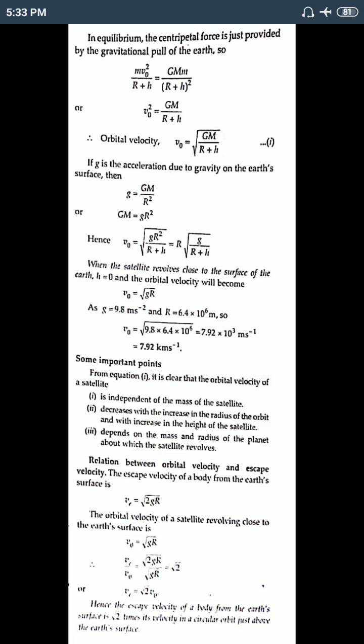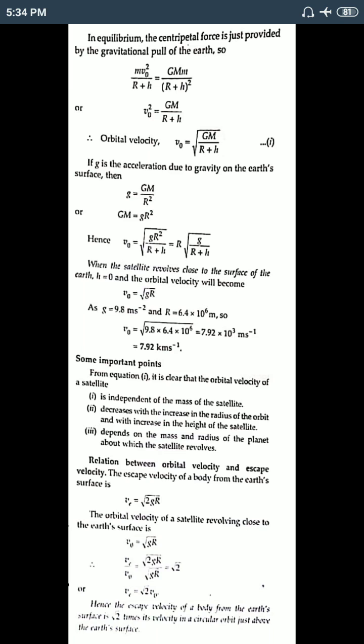Equation 1 is in terms of capital G and capital M, and this one is in terms of small g. Now, if the satellite revolves very close to the surface of the earth, but not on the surface, we can say that h is negligible, so h must be 0.